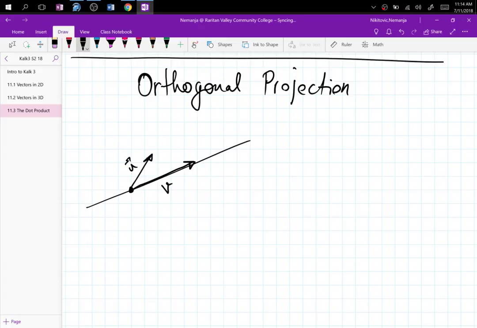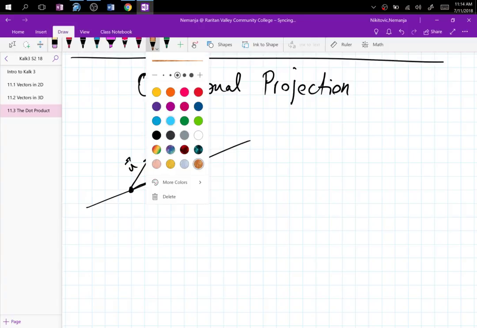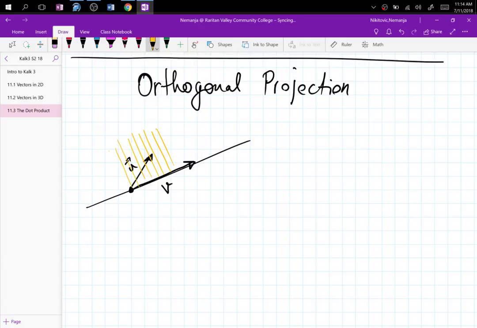If I shine a light perpendicular to this vector, what I'm going to get is a shadow, and this red shadow is a projection of vector u onto vector v. Clearly it's shorter and it has the direction of vector v.